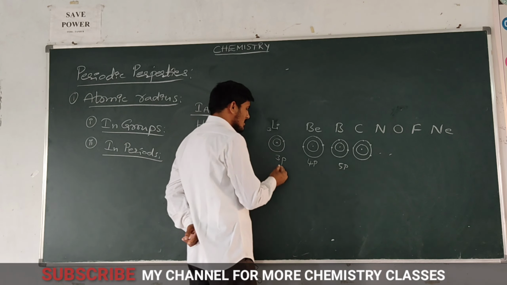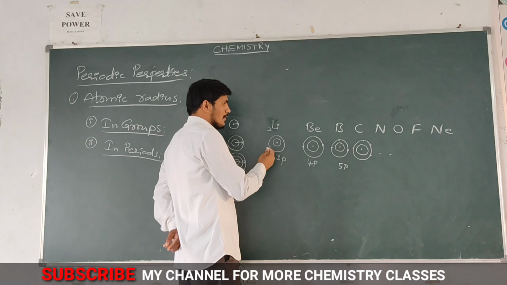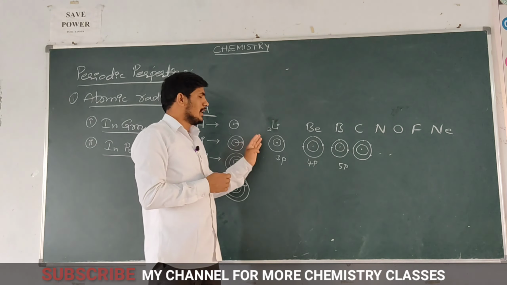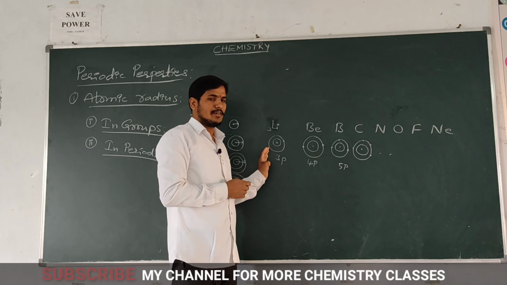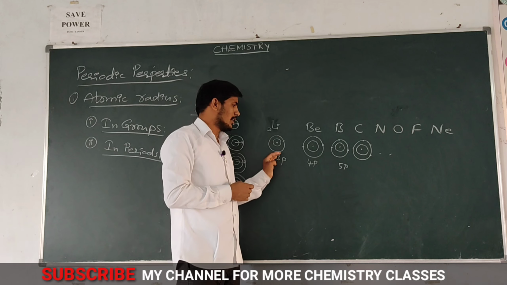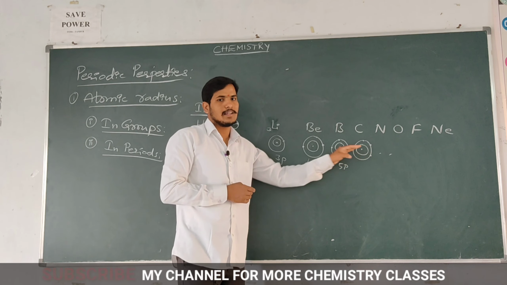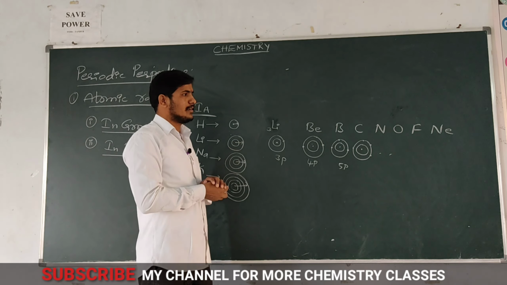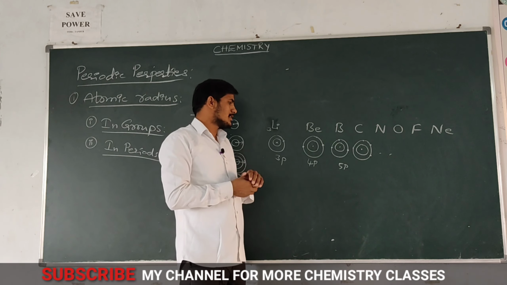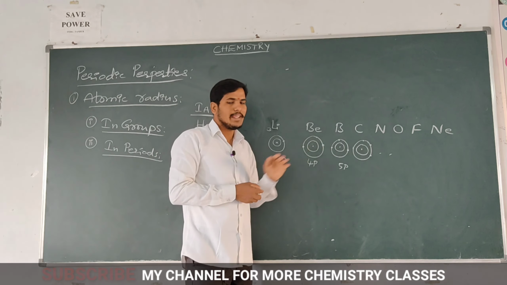The first element, lithium, has 3 protons, then 4, 5, 6. So in the second period elements, the number of protons increases.